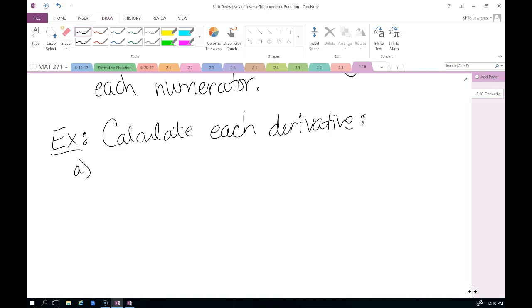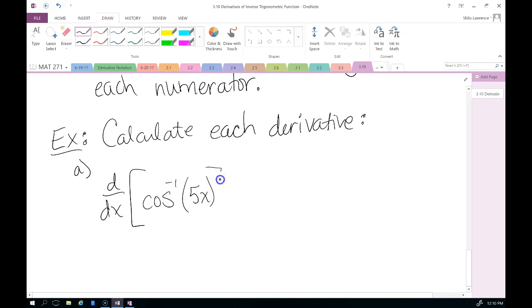We are going to do the derivative for cosine inverse of 5x. So our u here is 5x. With cosine inverse, we do u prime in the top. U prime is going to be 5.